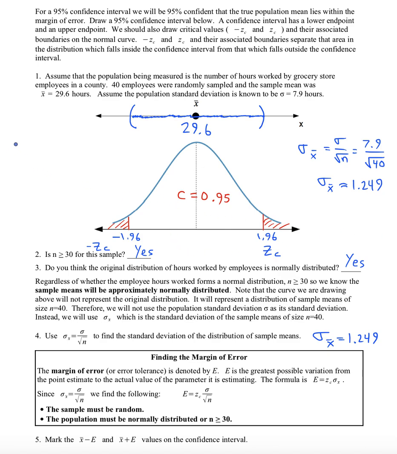So the formula for this is E equals ZC sigma over the square root of n. It may help to write down what we were given. So n is 40, sigma was 7.9, and we also discovered ZC to be 1.96. All of those numbers will be used here in calculating the margin of error.